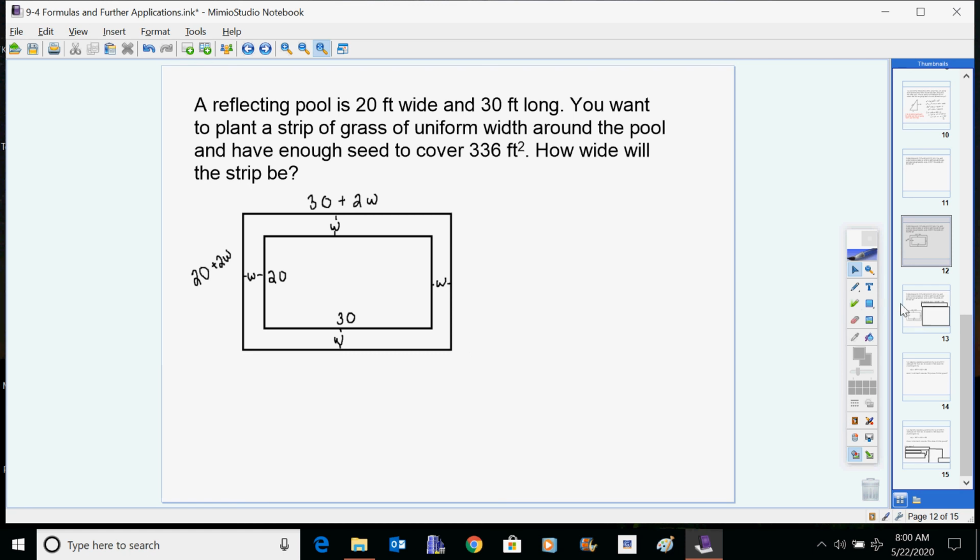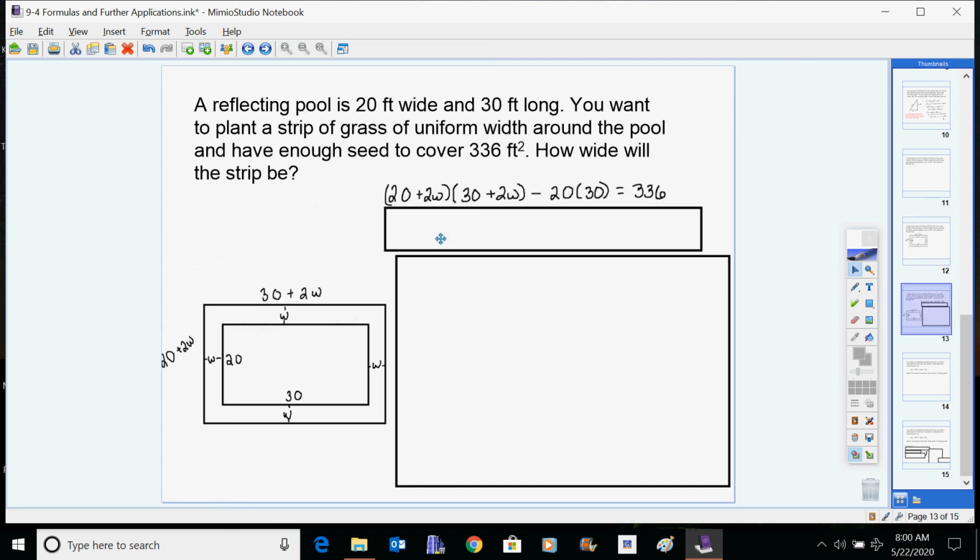That will give you the area that should equal 336, the amount of the seed. So here's our 20 plus 2W and our 30 plus 2W multiplied together, subtract out your 20 times 30, and that equals your 336 for your seed.